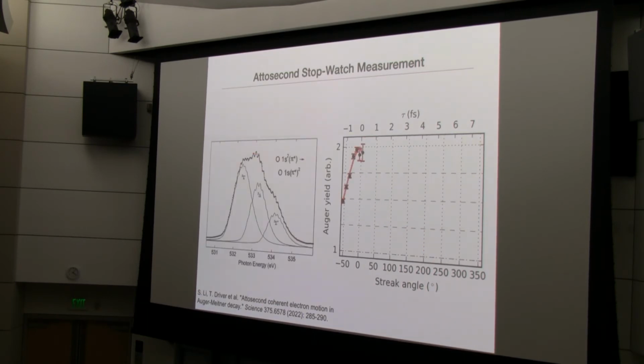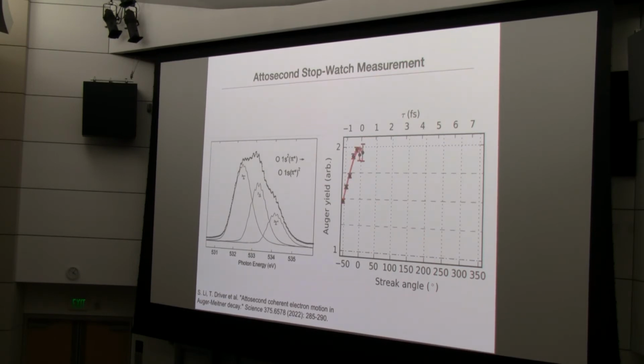Because this little ripple in your time dependence is actually caused by the fact that we're creating a superposition of excited states. You can excite 3 different states at the oxygen resonance, and what you're seeing here is the beating of 2 of these states at a time. So this state can beat against this one or against this one. And if you do your math, this oscillation period corresponds to 1 over the energy separation of these states.